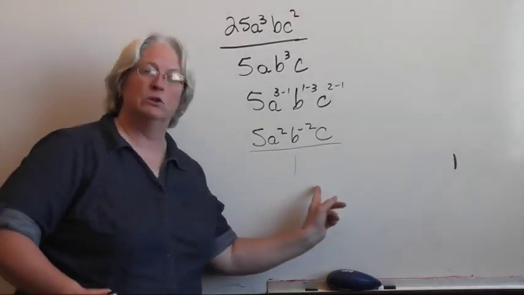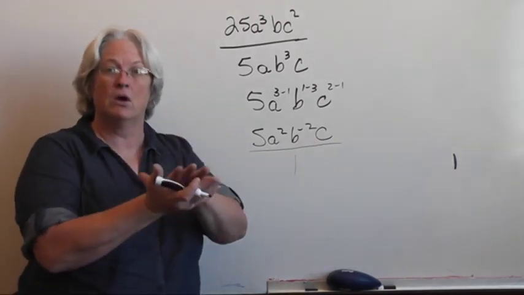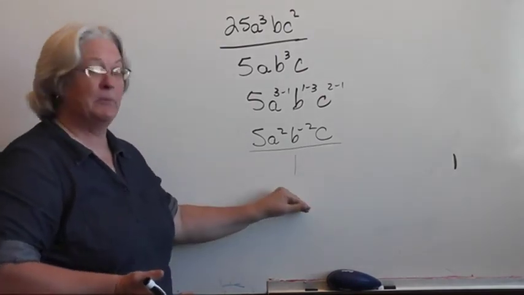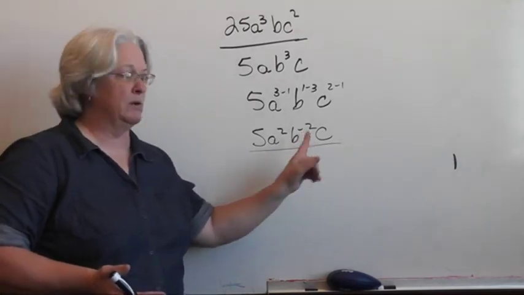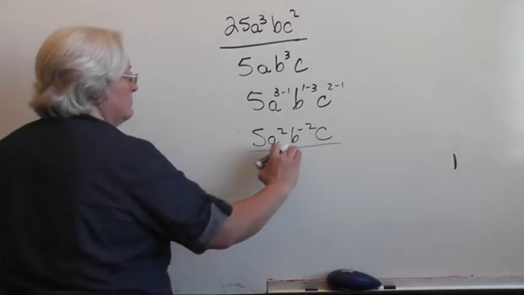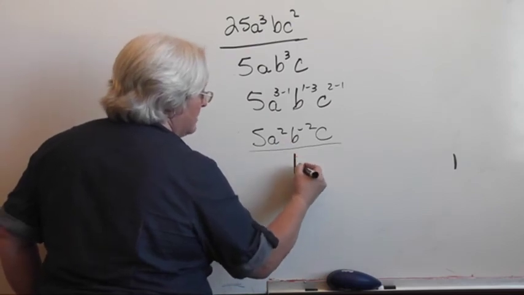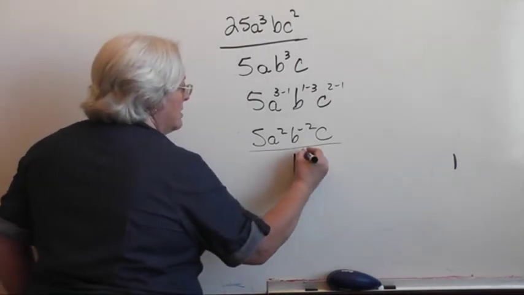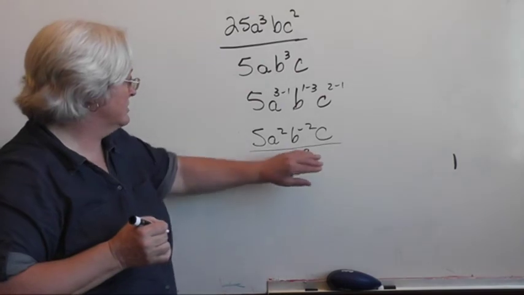But this makes it look much more obvious that you actually have a ratio here, something that looks like a fraction, something in the numerator, something in the denominator. When you have a negative exponent, simply move that base to the opposite side of the fraction bar, and your exponent becomes positive.